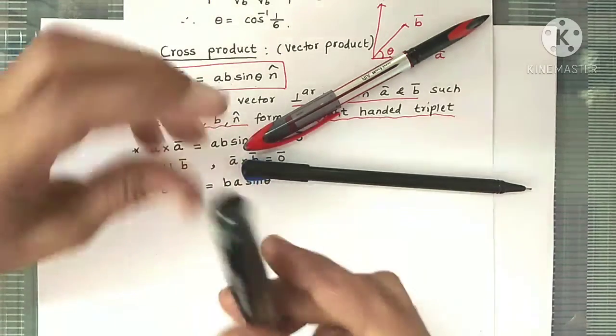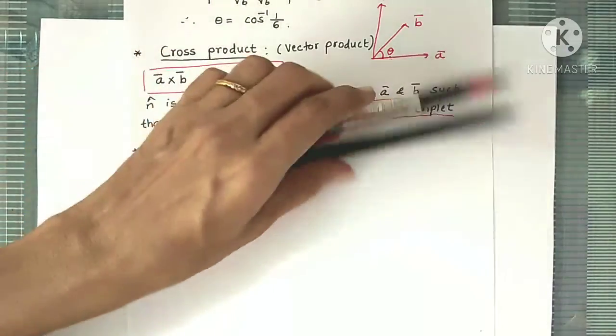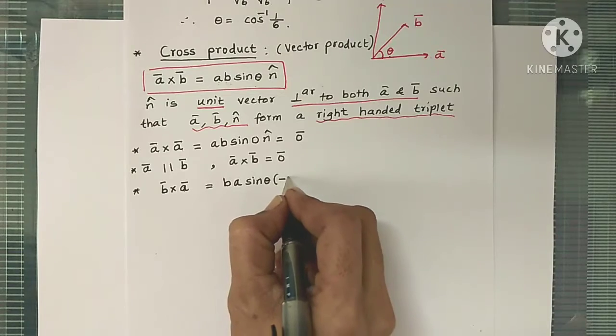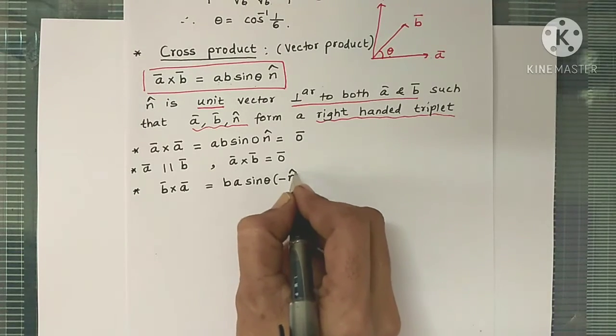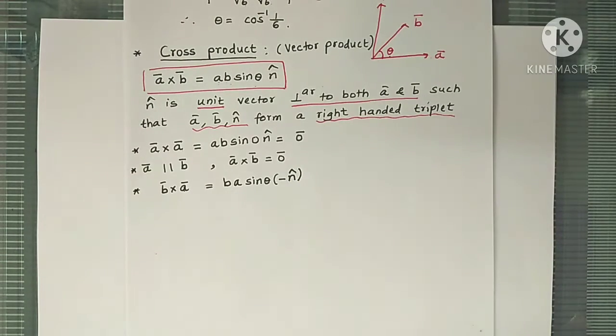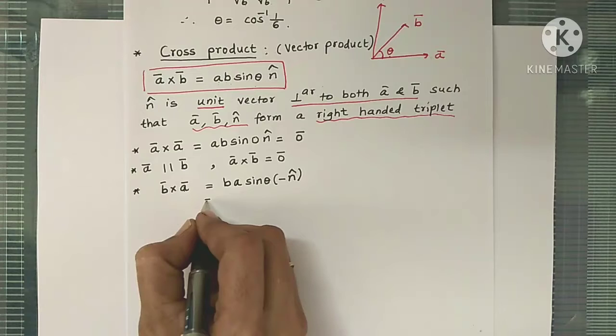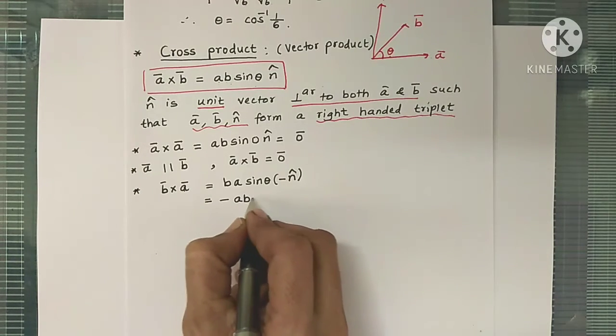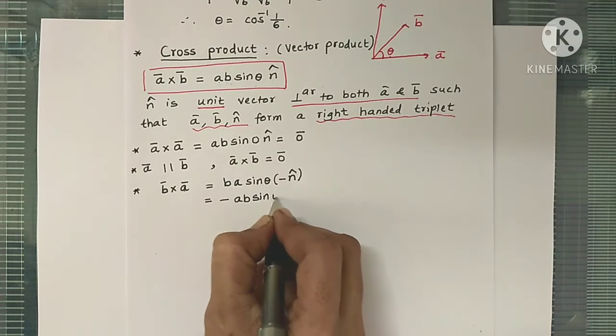It should be minus n cap. It is pointing downwards. So B A sine theta. Now if I take minus n cap, then only B bar, A bar and minus n cap form a right-handed triplet. So instead of n cap, we have to take minus n cap. So this becomes minus AB sine theta n cap.